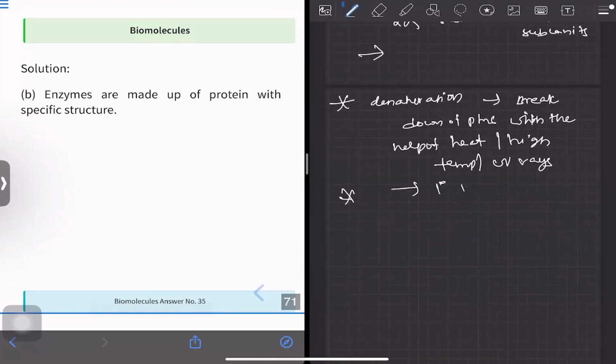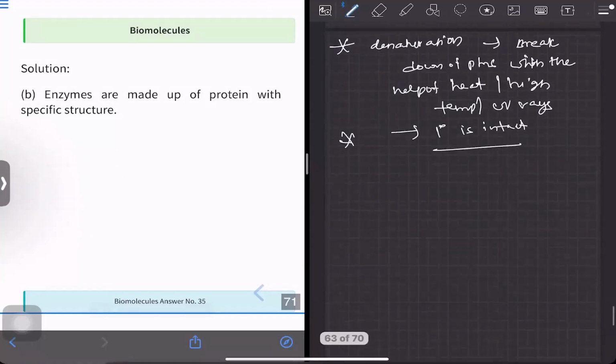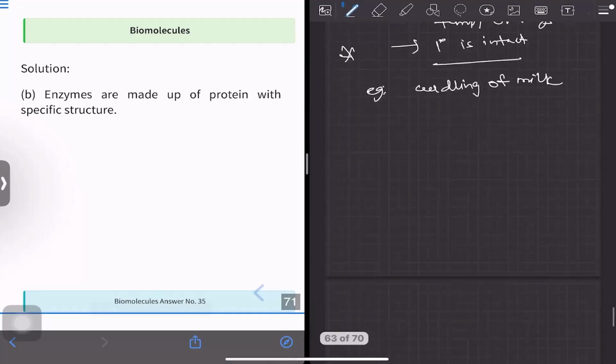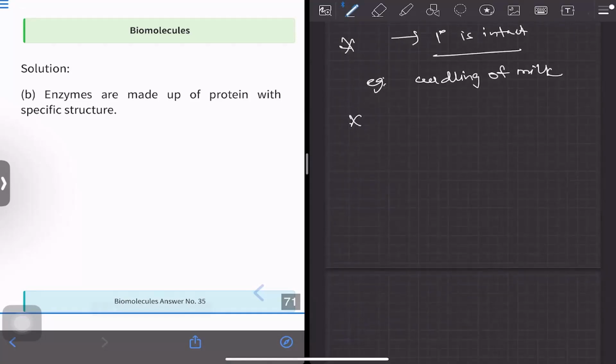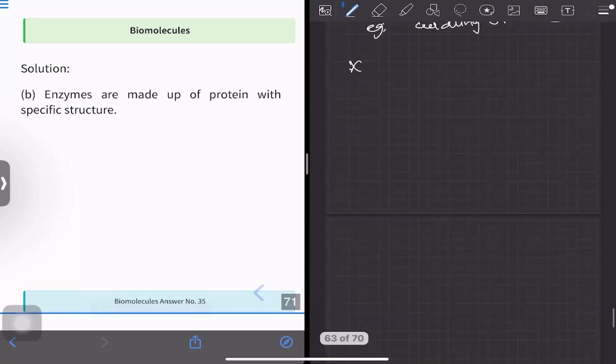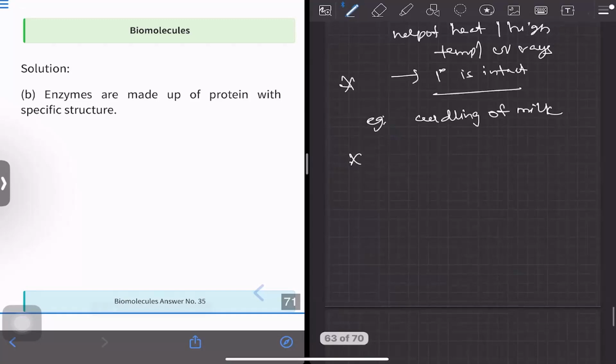Only the primary structure remains intact after denaturation. An example of denaturation is curdling of milk. This is denaturation of protein. Lipids undergo beta oxidation to provide energy.